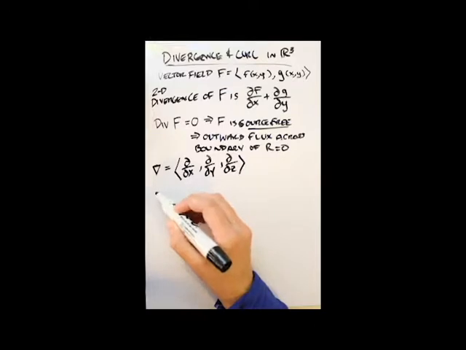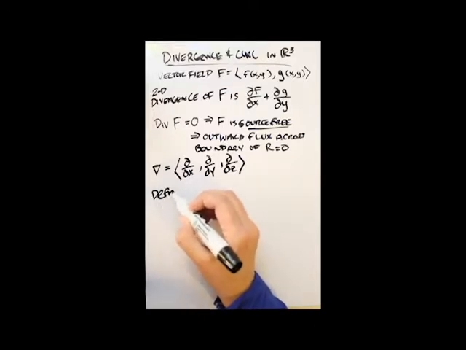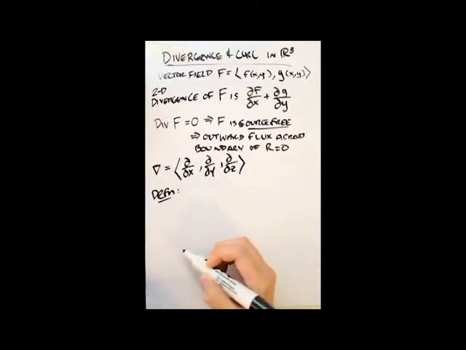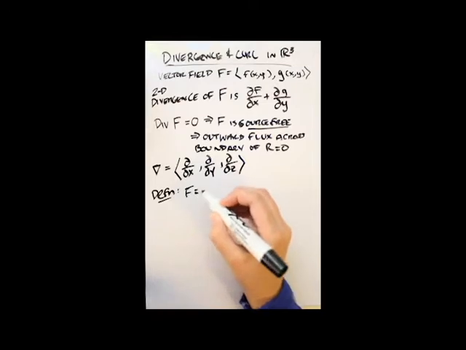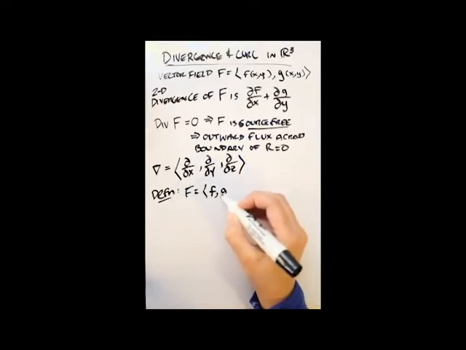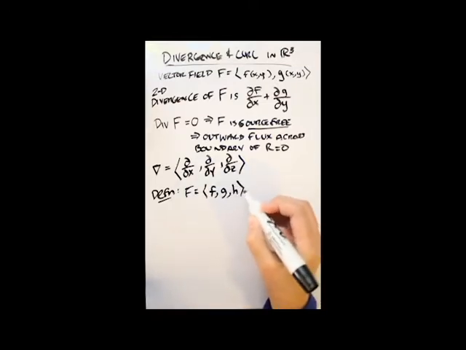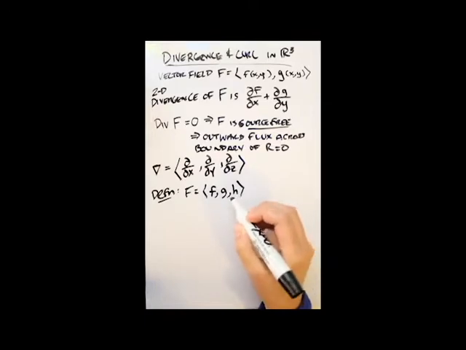We'll go ahead and do this as a definition. We're going to define divergence in R3 now. We assume that our vector field F is f, g, h. We assume that this is differentiable on our region, and this time our region is in R3.